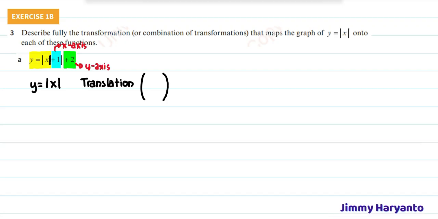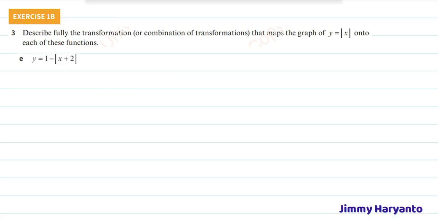For the y-axis it is plus 2. For the x-axis it will be the opposite sign of the one inside the function, so this one will be negative 1. That means go 1 unit to the left. You have to shift the function 1 unit to the left. Yeah, so this is the transformation for 3a.